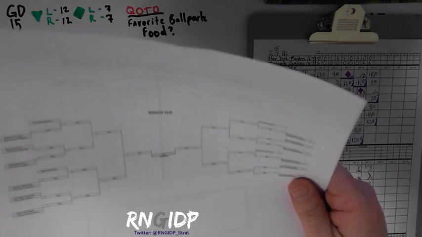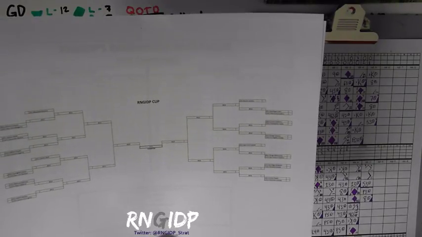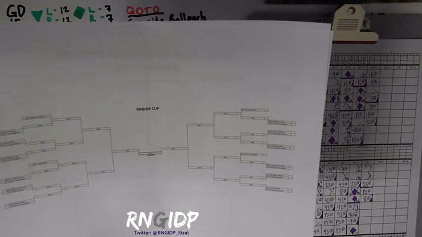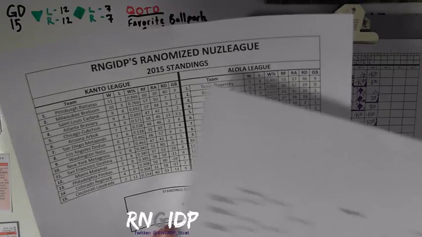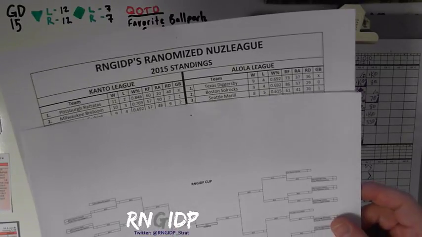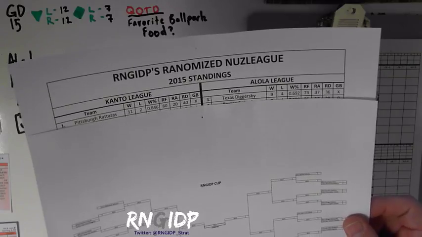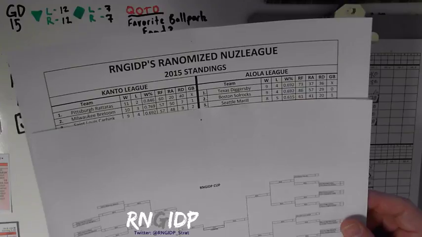When I showed you this, and you can click the link on the Twitter page, this was how the cup looked coming into game day 15. Boston, St. Louis, Seattle, and Milwaukee got first round byes for being 2-3, 2-3 in the AL. So coming into game day 15, Pittsburgh and Texas would play the championship series. Then the next 2 from each league would have first round byes in the cup.